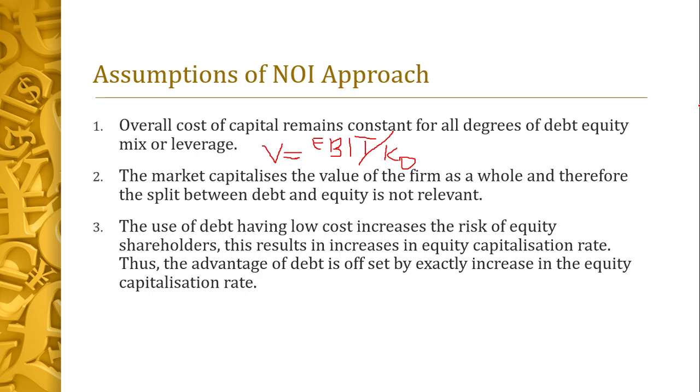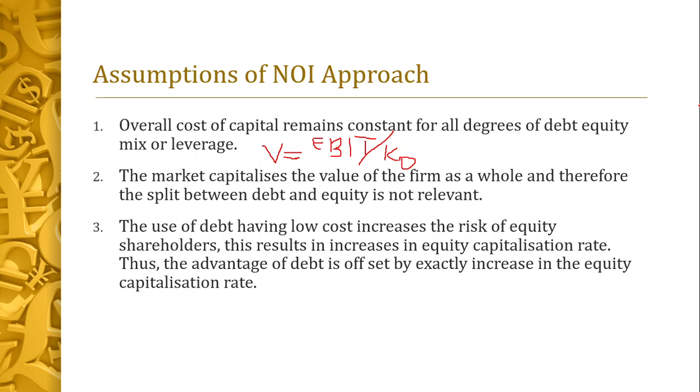The first one tells that the overall cost of capital is constant for all degrees of debt and equity mix. And the second one is that the market capitalizes the entire firm as one. So, dividing it on the basis of debt and equity is actually irrelevant. And the third one tells that when debt is used more and more, it increases the risk for equity.